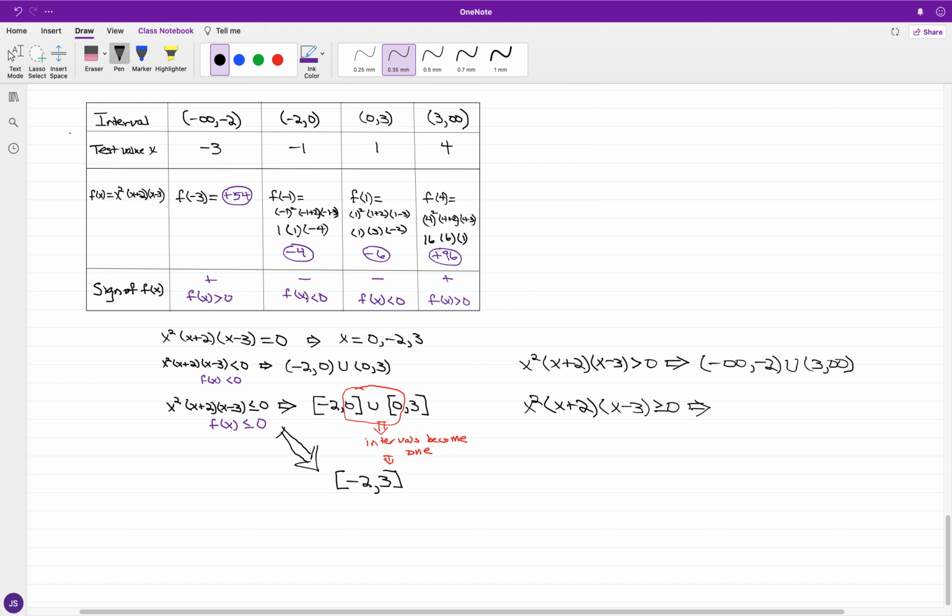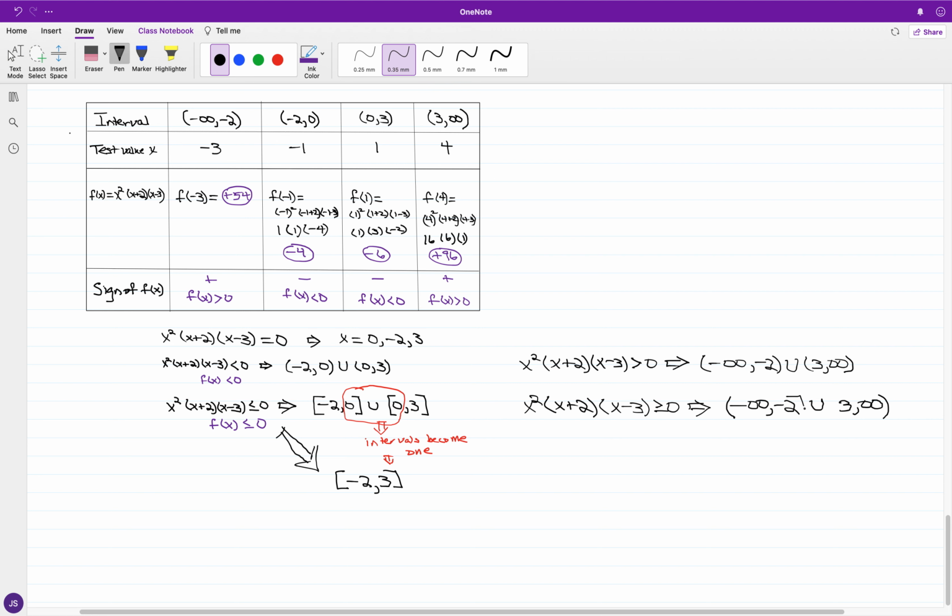negative 2 and 3 will set the function equal to 0. And using the grouping symbols, infinities are boundless, so here I maintain the use of parentheses, and negative 2 and 3 set the function equal to 0.